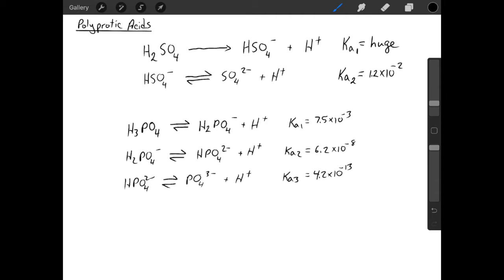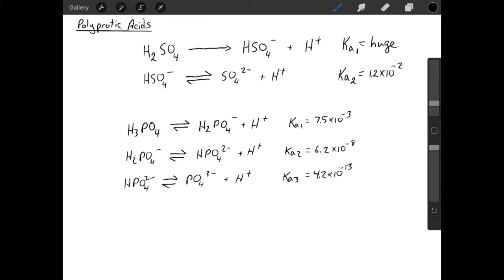This would be an example of a fairly strong weak acid. But as you remove a proton, the Kas become subsequently smaller and smaller, so that by the time you get to the third Ka, that is the third dissociation, that final hydrogen is hardly acidic at all.